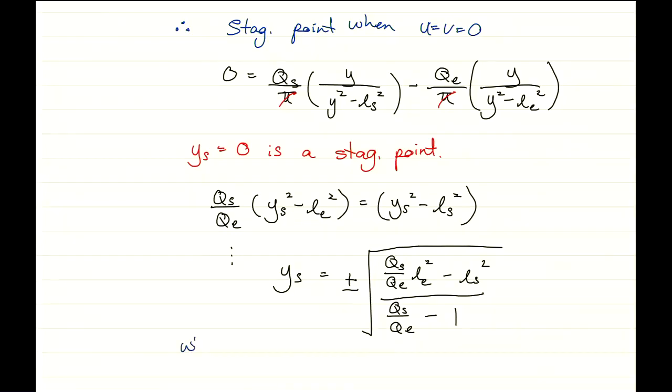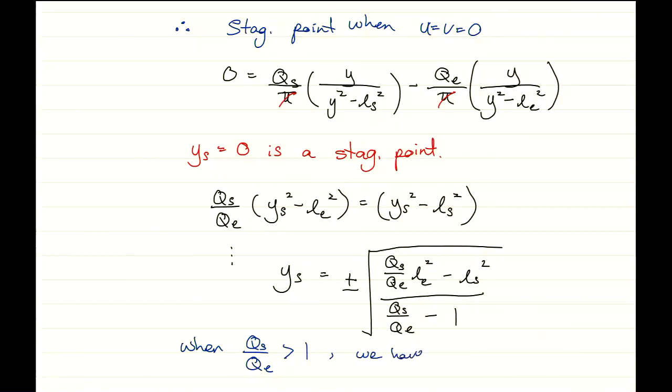In order to have a stagnation point along ys, this has to be a positive value, right? And that's possible when Qs over Qe is greater or less than 1? Greater, right? So when Qs over Qe is greater than 1.